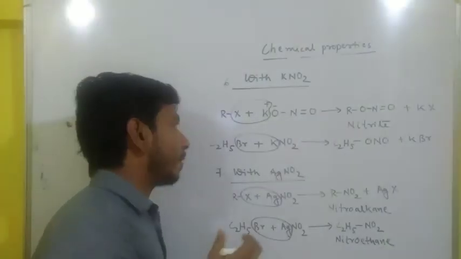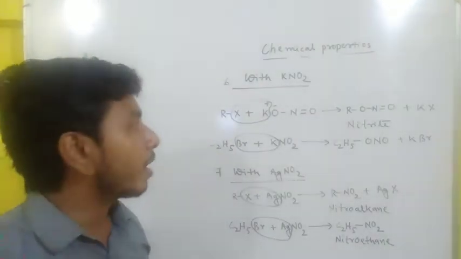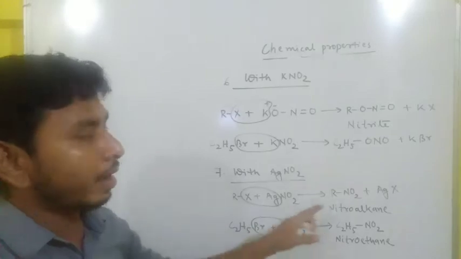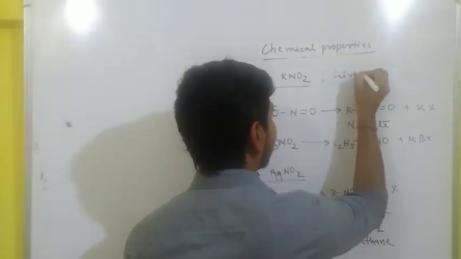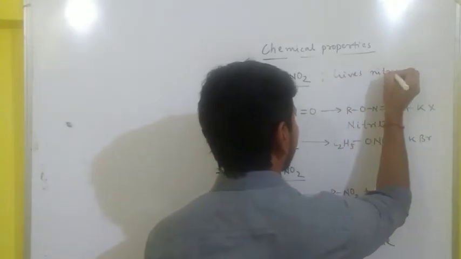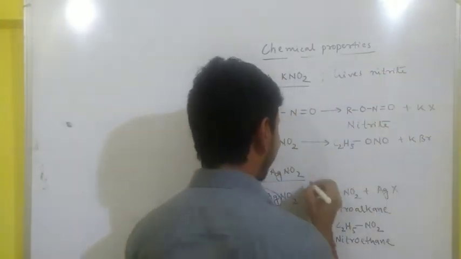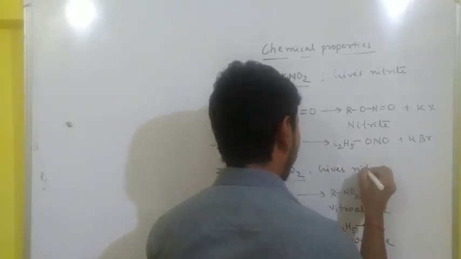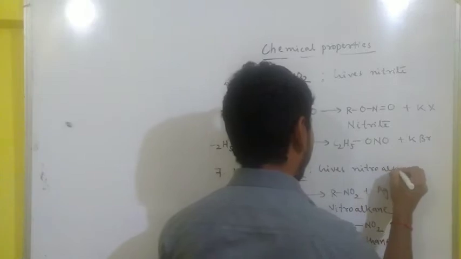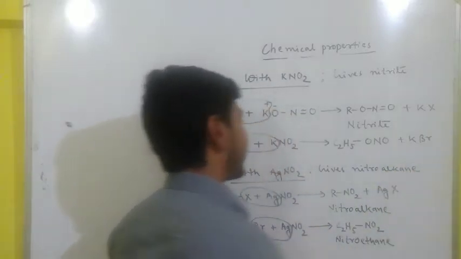So due to the ionic and covalent nature, one gives the nitrite, the other gives the nitroalkane.